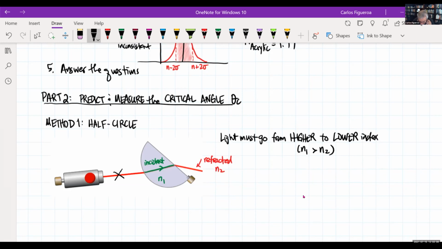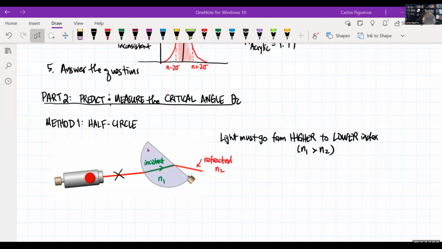So the idea here is that the critical angle only occurs when the refracted ray is parallel to that line right there.